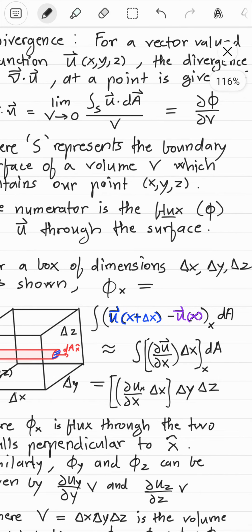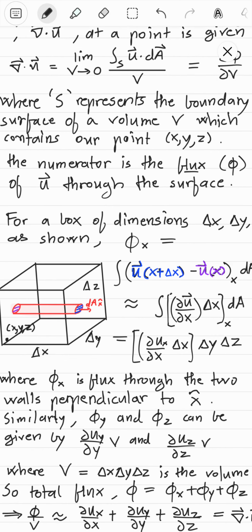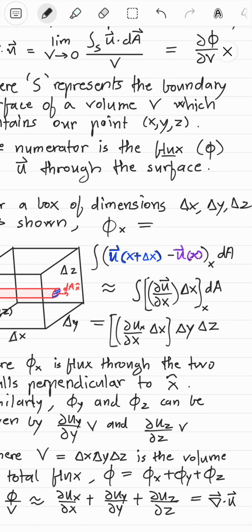So it's supposed to be a function of y and z as well, but then this can approximately be written as partial u vector upon partial x times delta x, which doesn't change a lot because this delta x, delta y, delta z stuff is actually very small, so you can approximate it like that. It's legit. So then this integral just becomes partial ux upon partial x delta x, times delta y delta z.